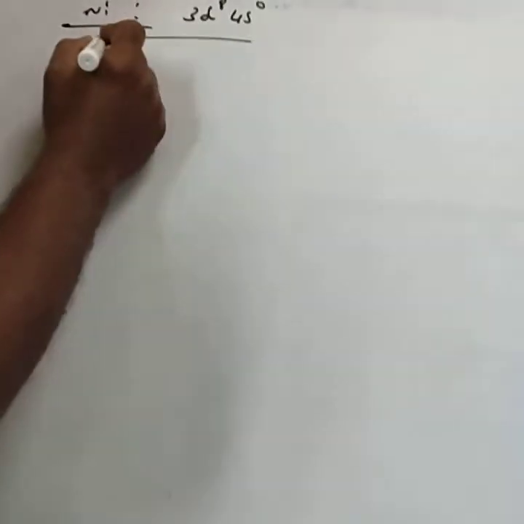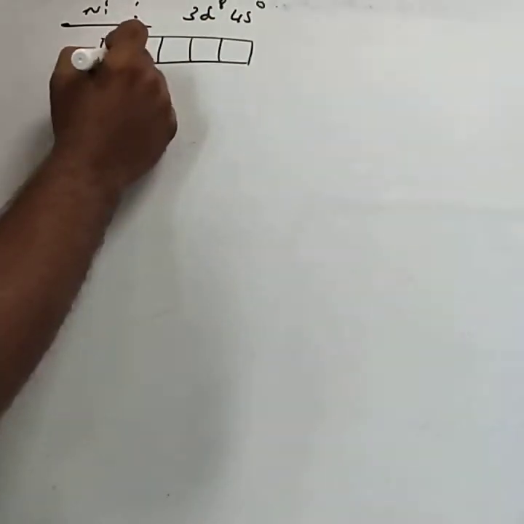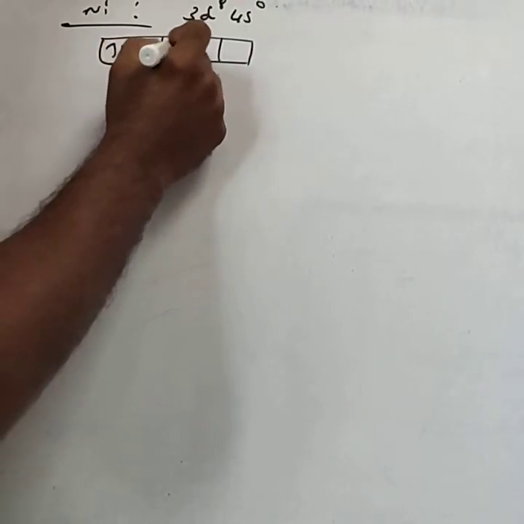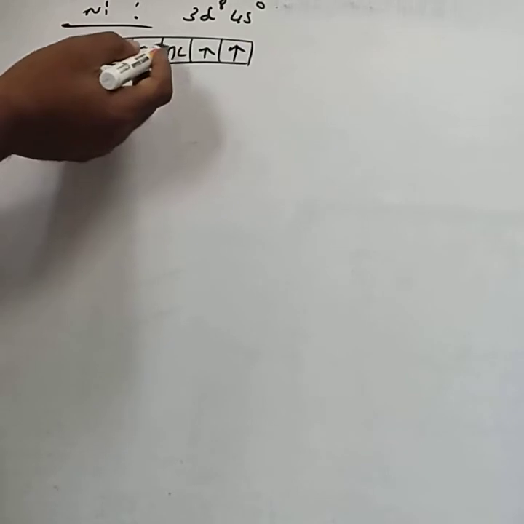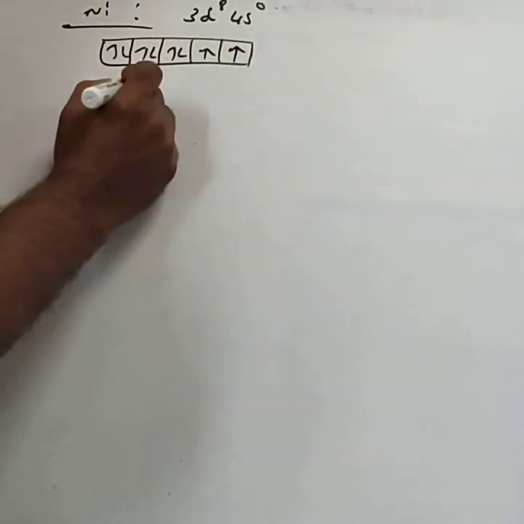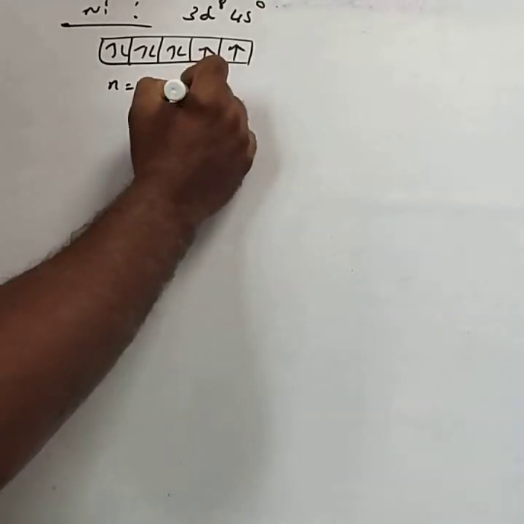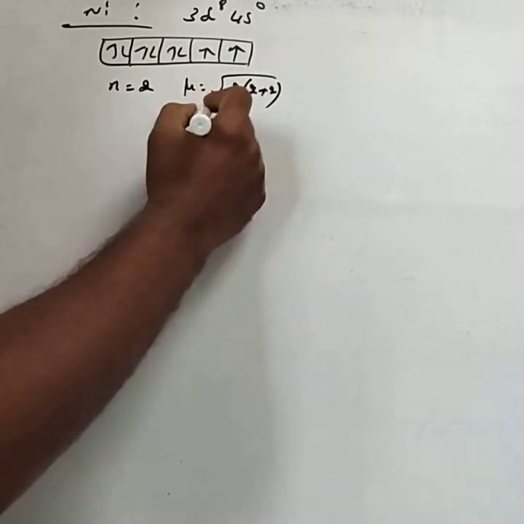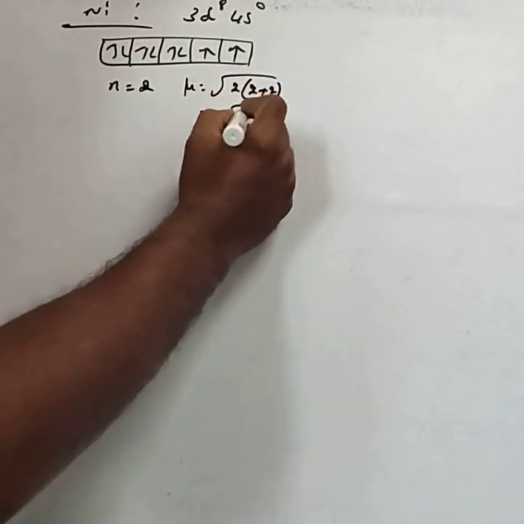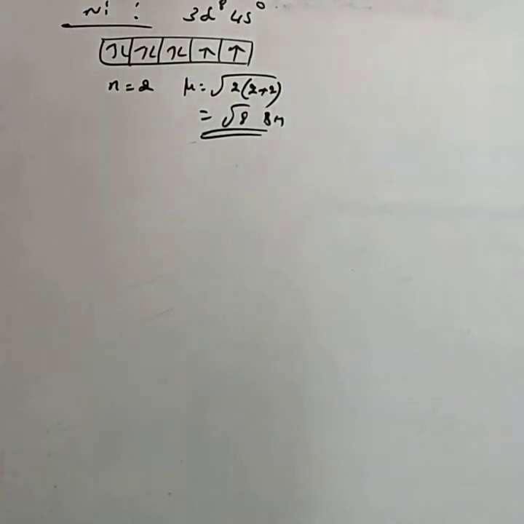For 3d8, take the box diagram. 3d8 means n equals 2. Then the magnetic moment mu equals root of 2 into 2 plus 2, that is root 8 Bohr magneton. This is about the magnetic moment.